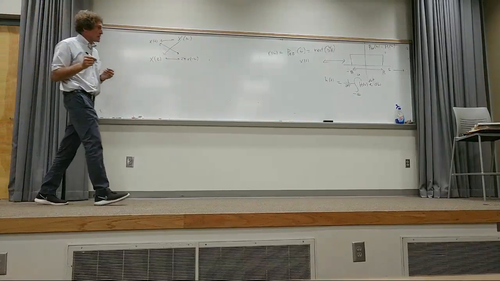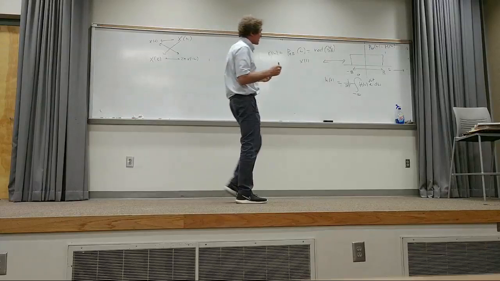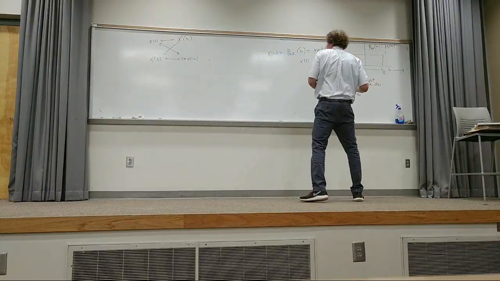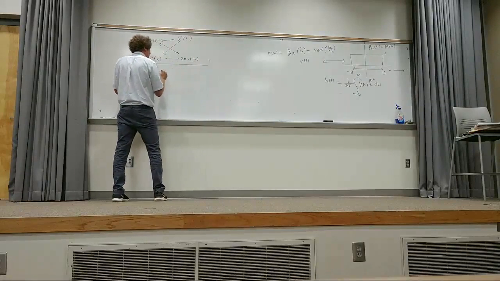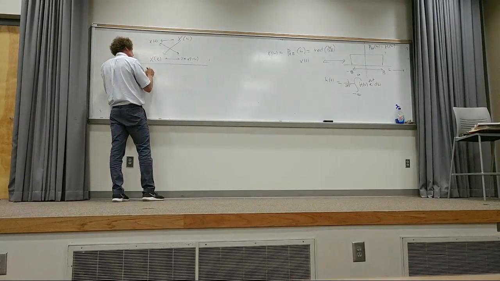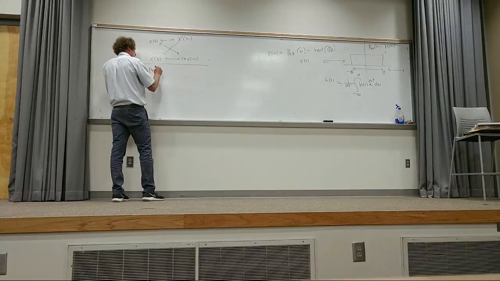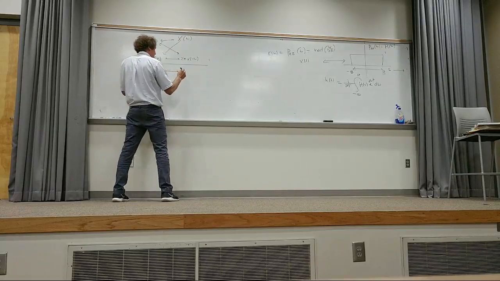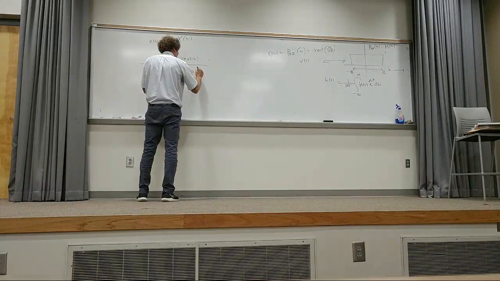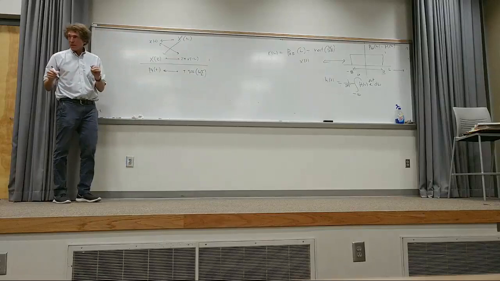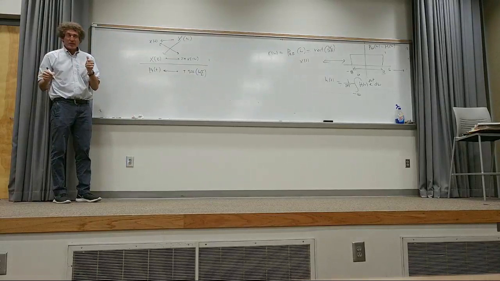Now, when I look at this, what do I see? I really see something that looks like this. I know if I have a pulse function of t, right? I know that renders tau times the sinc of omega tau over 2. Correct, class? We know that.